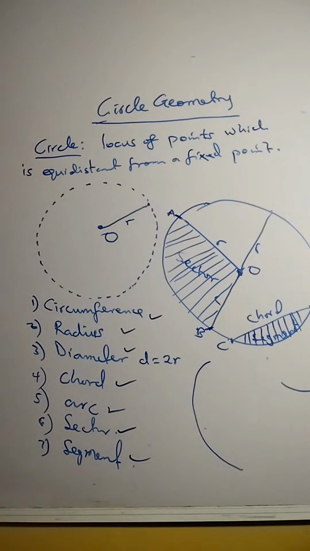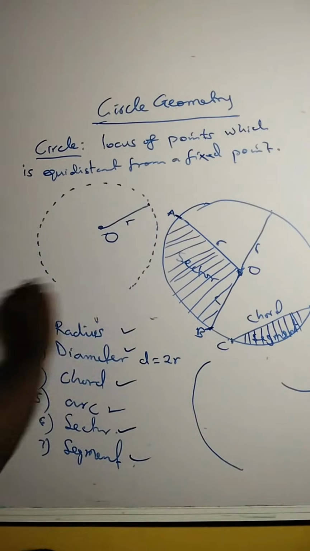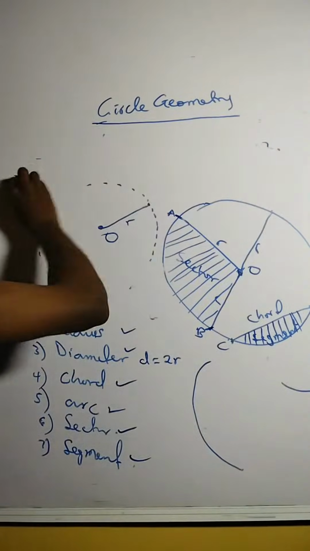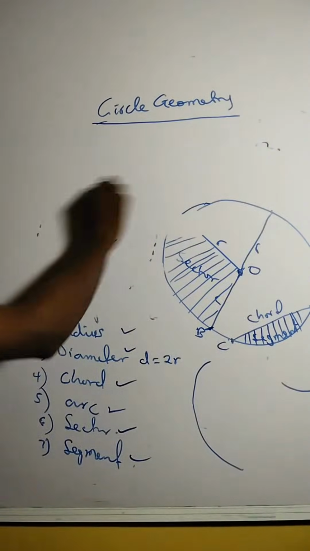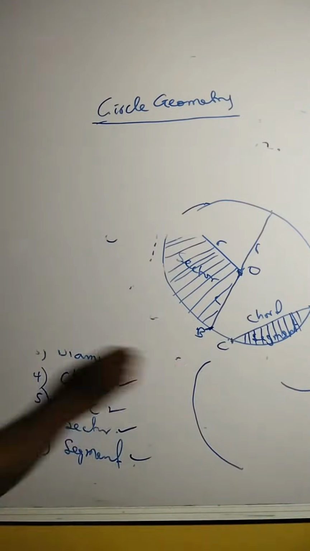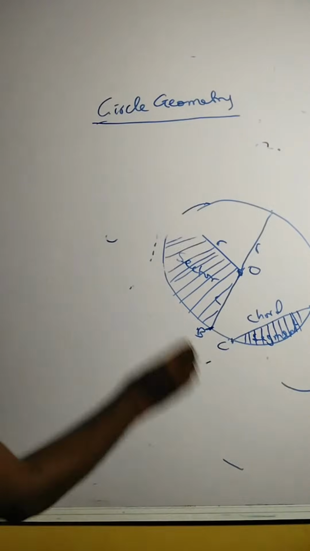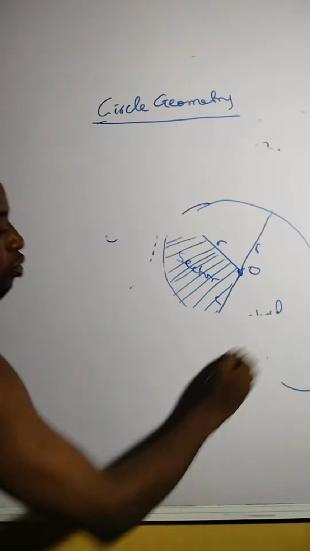Now let's look at some prerequisites before we go to the theorem proper. What are those things that we must know? Just like lemmas, we have some lemmas that should come first before we consider the first theorem.